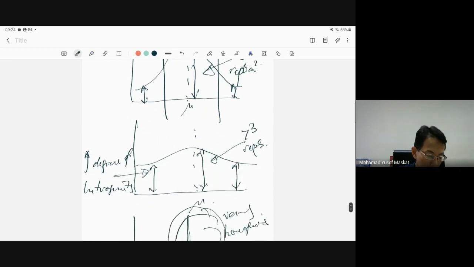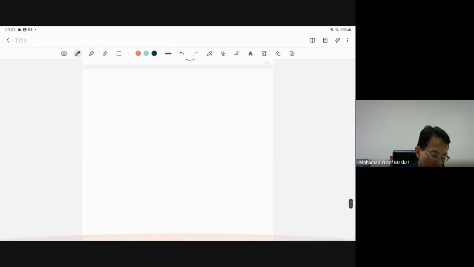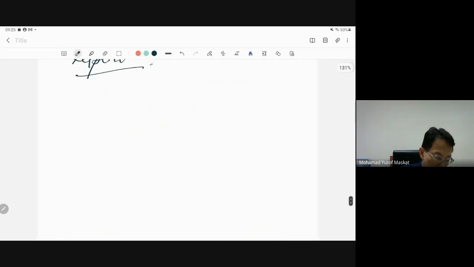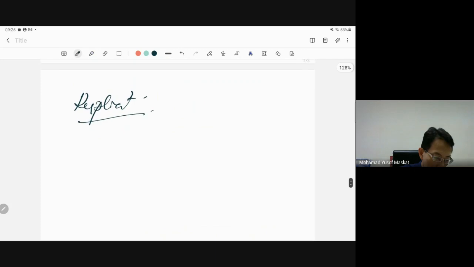And what is replication? Remember, the replication we do is to get a better estimation of the population mean.